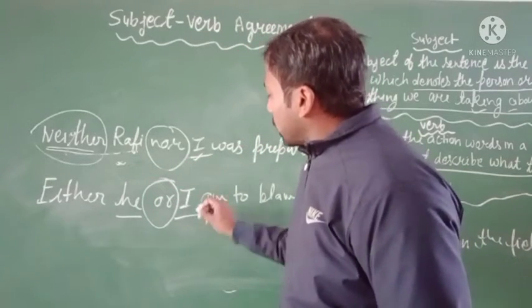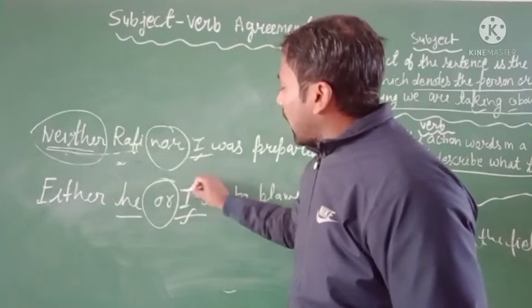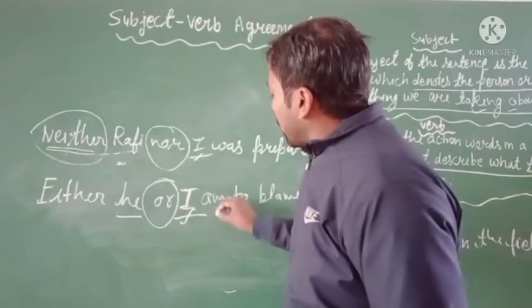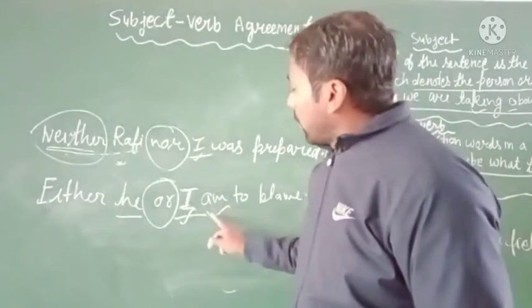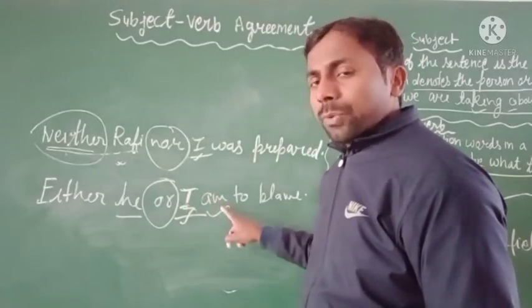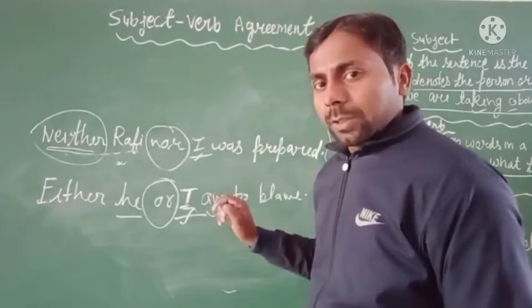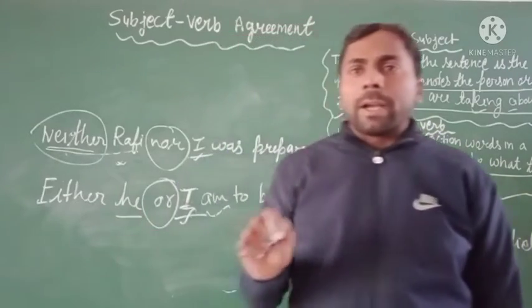You always use the nearest subject. The nearest subject is I, so according to I you use the verb. If in place of I you have he, then you have to use is. It is the rule of subject and verb agreement.